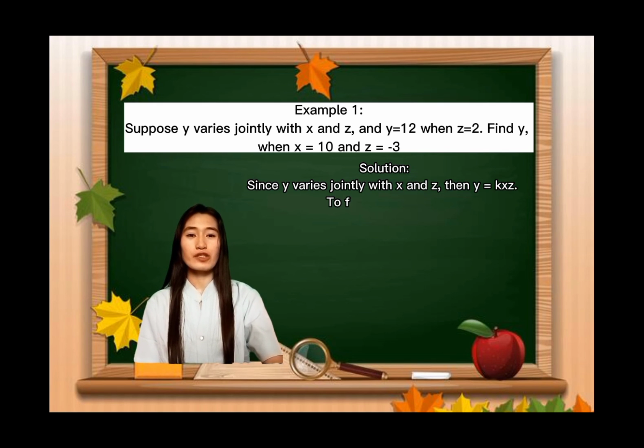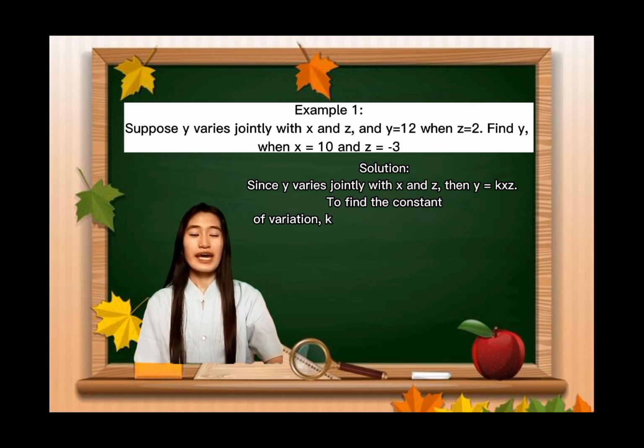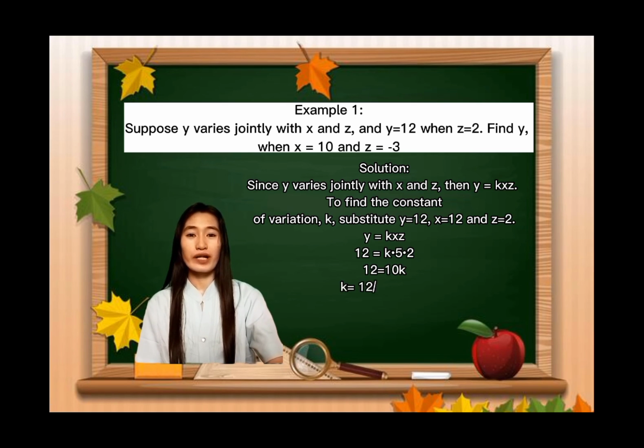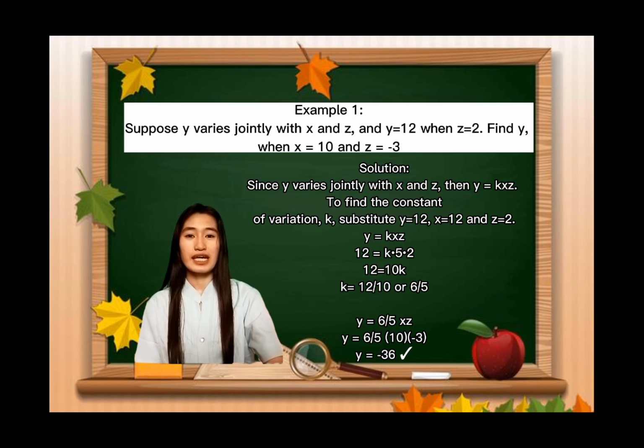To find the constant of variation k, substitute y equals 12, x equals 5, and z equals 2. y equals kxz, so 12 equals k times 5 times 2. 12 equals 10k and k equals 12 over 10 or 6 over 5.